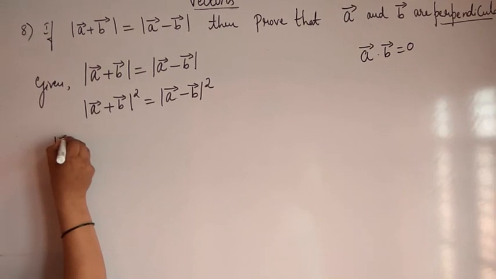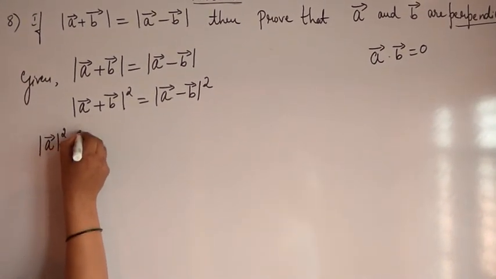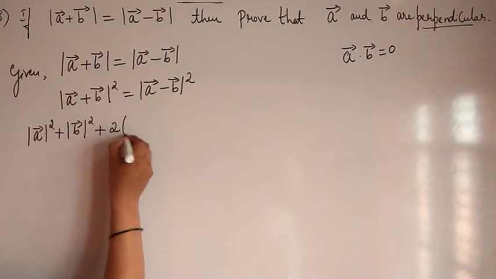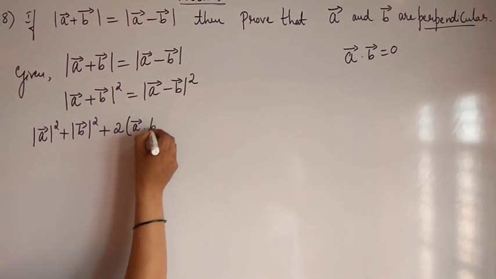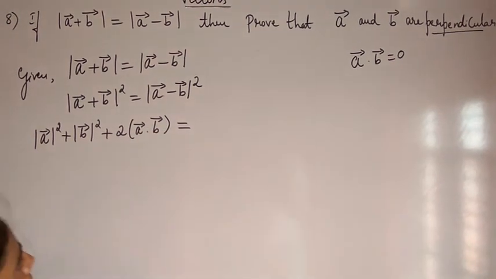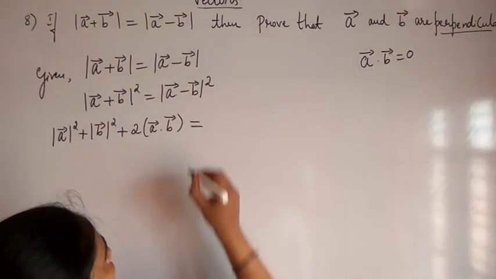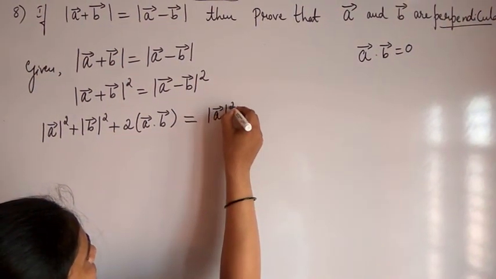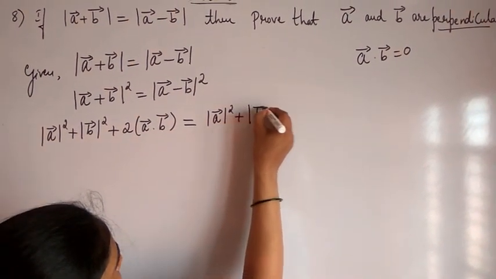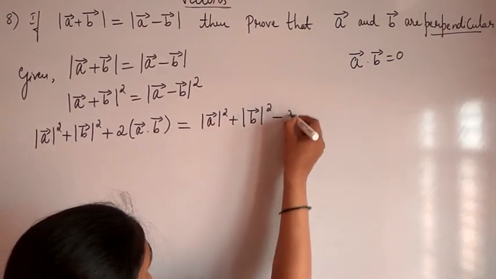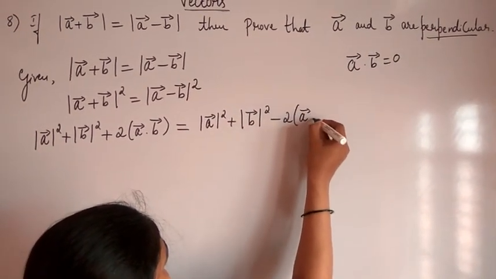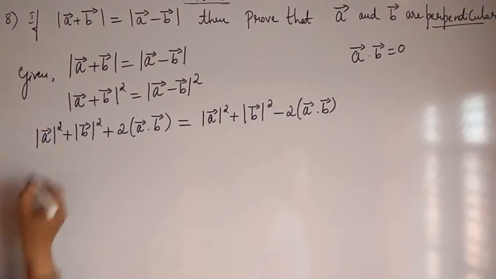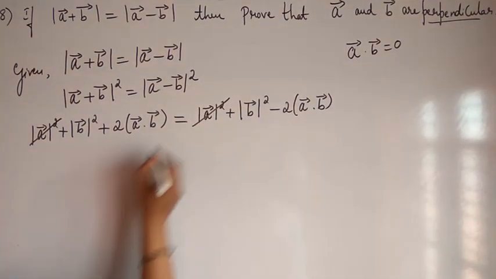That is magnitude of vector A whole square plus magnitude of vector B whole square plus 2 into vector A dot vector B. That is equal to, again by using the formula, magnitude of vector A whole square plus magnitude of vector B whole square minus 2 into vector A dot vector B.